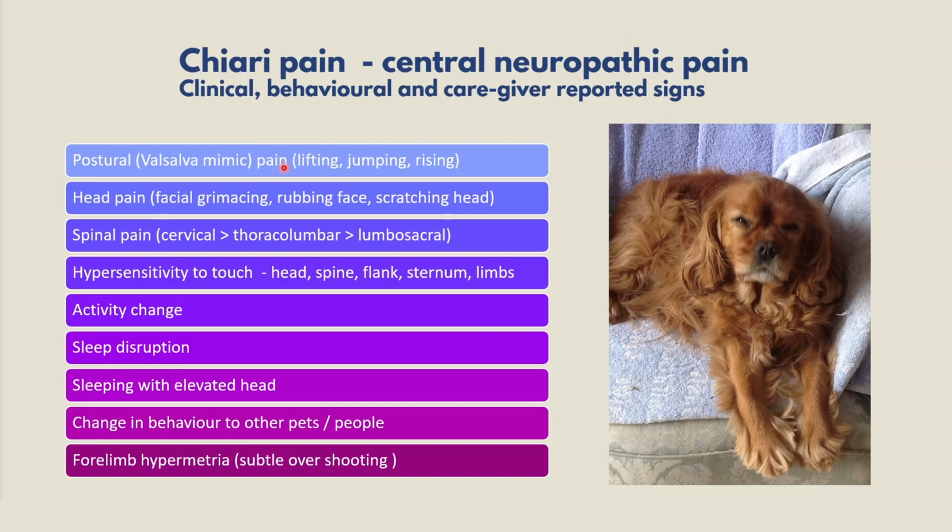The dogs may also yelp when they're jumping or when they're rising rapidly, and this is because the overcrowding of the brain and the spinal cord in the bony containers means that the fluid around the spinal cord, the cerebrospinal fluid, and the fluid within the brain in the ventricular system cannot redistribute quickly enough.